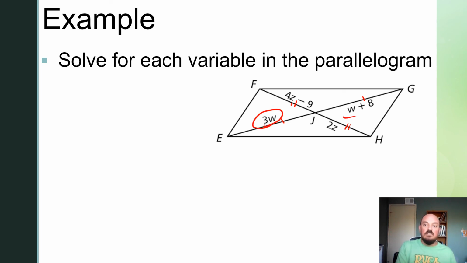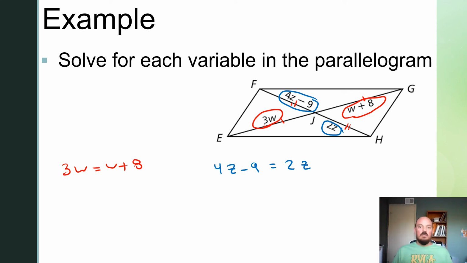This one is equal to this one. That's my first equation. And this one is equal to this one. Now, if we solve each one of these, that's our answers.